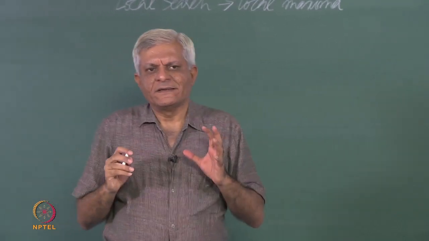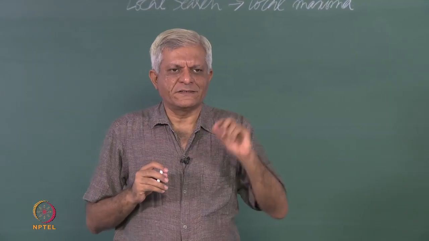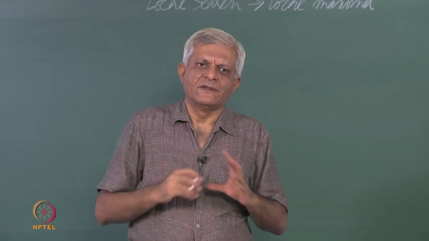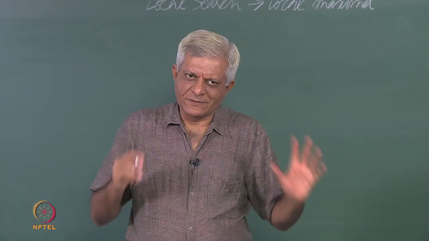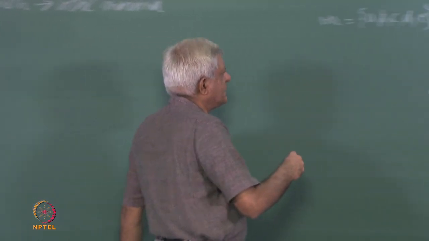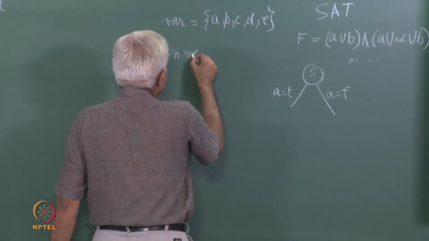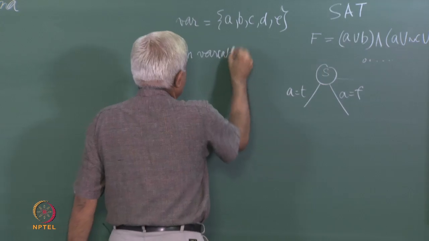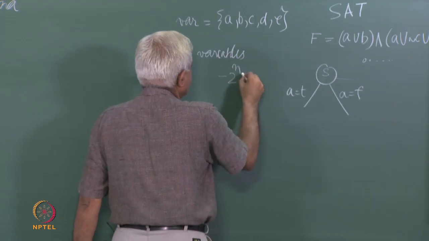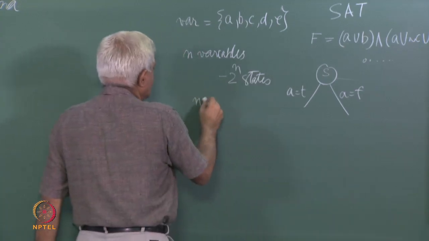The space is, for each variable A, B, C, D or E, a value of true or false. So, 2 raised to 5 possible states in this case. If you have n variables, then we have 2 raised to n states. What if n equals 100?